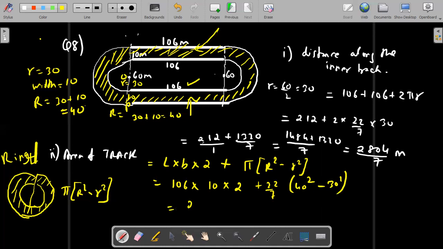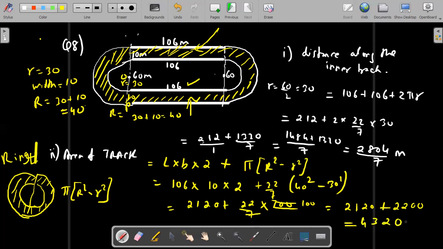So this is 2120 plus 22 by 7 into 1600 minus 900, that will be 700. We can cancel this with 100. So the final answer we get is 2120 plus 2200. When we add this, we get the total area of the track: 4,320, and the unit will be meter square.